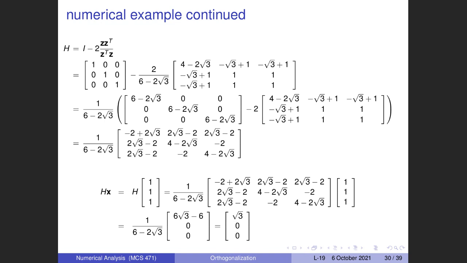The property of the Householder reflector is actually just to verify, because in practice you don't need to compute H times x, since we already have y. So we are going to use this reflector to transform the rest of the matrix.